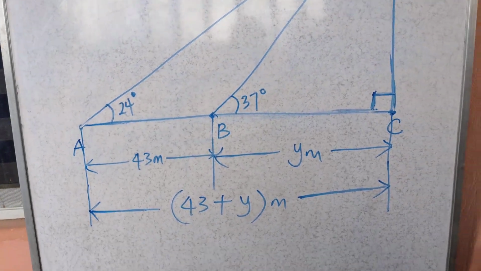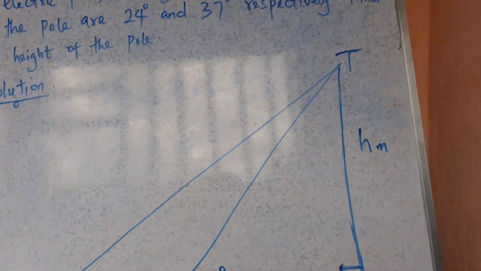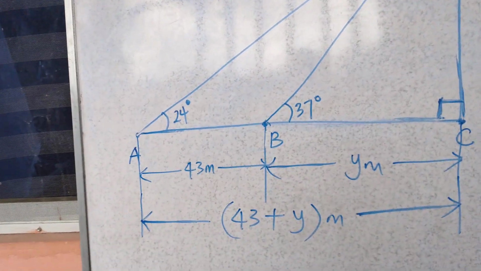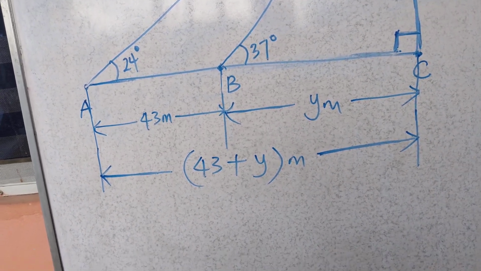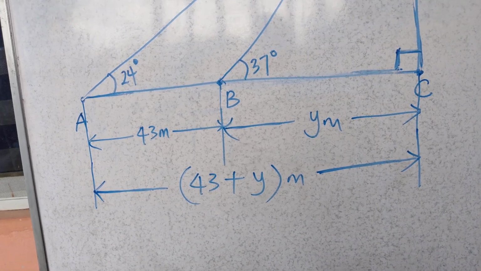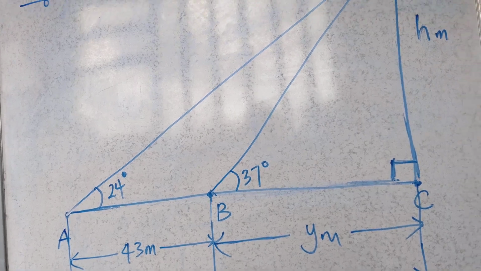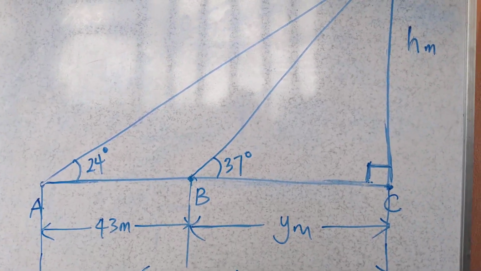So I have this as my diagram. Take notes. The height of the pole is h, and the distance between A and C is 43 plus y. The distance between A and B is 43 meters, and the distance between B and C is y. The angle of elevation at point A is 24 degrees and at point B is 37 degrees.